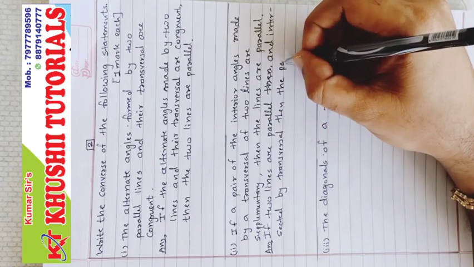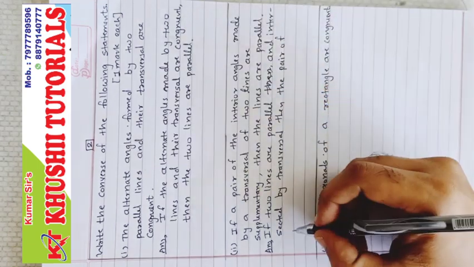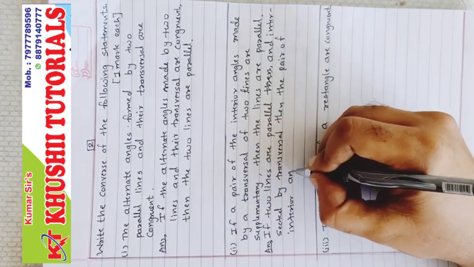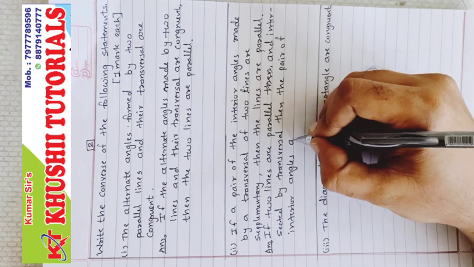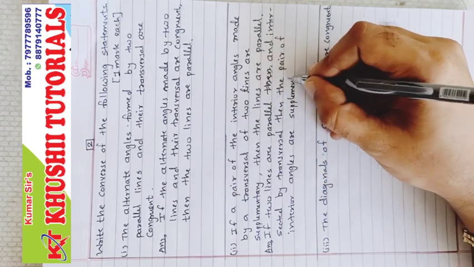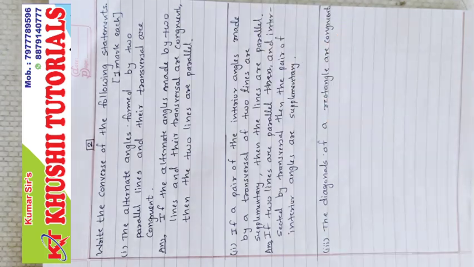The pair of interior angles are supplementary. And the last one: diagonals of a rectangle are congruent.